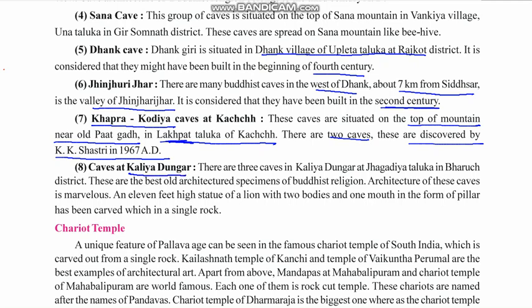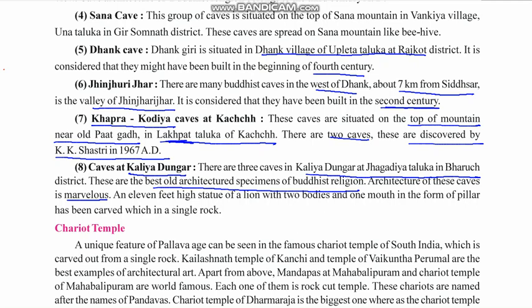These are three caves in Kalaya Dungar in Jhagadia Taluka in Bharuch district. These are the best old architecture specimens of the Buddhist religion. The architecture of these caves is marvelous, considered extraordinary and very beautiful.